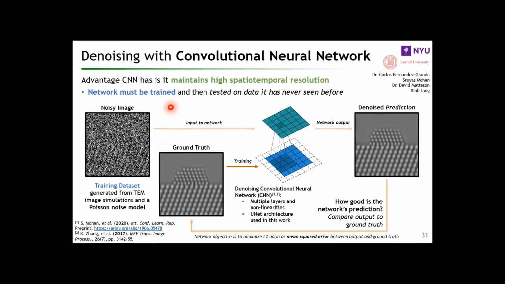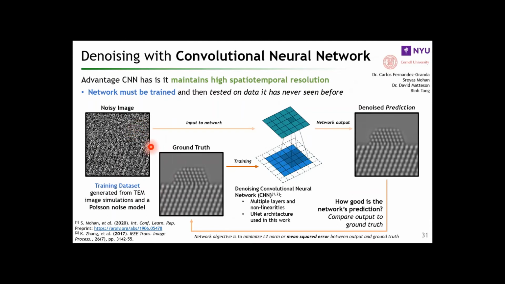To that end, we're working with these convolutional neural networks, which were developed primarily by data scientists at NYU and Cornell, to denoise these images. The way they work is that we train them on simulated data. We have a large batch of simulations, and we can make those simulations noisy.